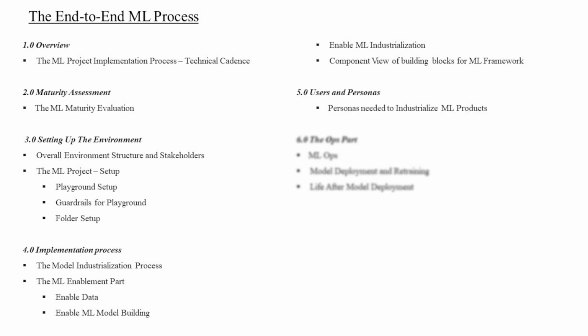And then once we have established how to build and operationalize a model, the question is, who are the right users? Who are the personas, right? That's point number 5. And then the final part is, what is the life after the model deployment? What is the ops part? What is the deployment and retraining part? What are the important things that we need to focus on after the model is deployed, right? So a 6-step agenda into what should be an end-to-end process.